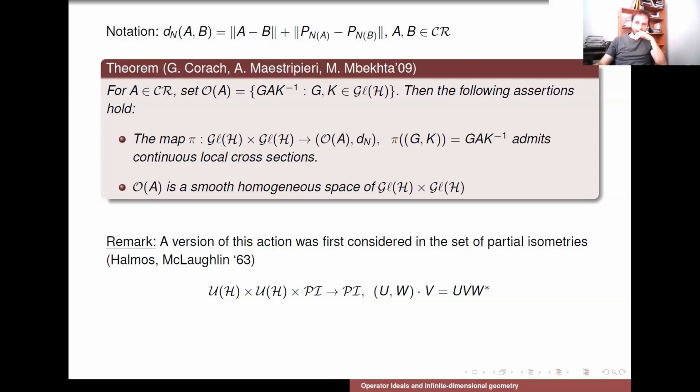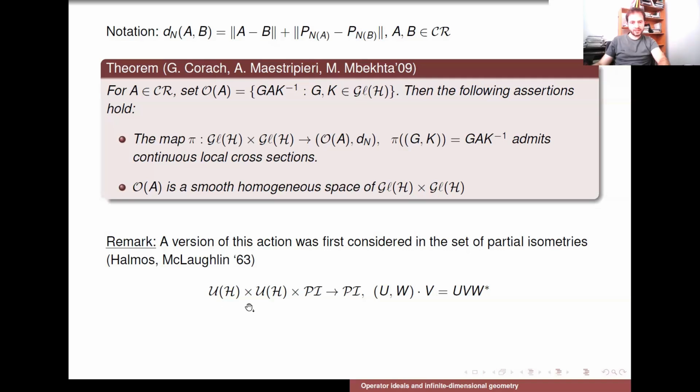A motivation for considering this type of action, moving the null spaces and the ranges, is here. This action was considered in a well-known paper by Halmos and McLaughlin about the geometry of partial isometries.